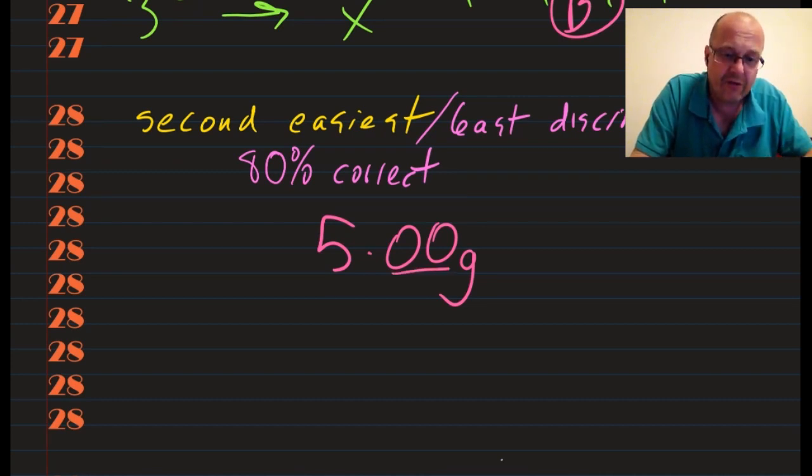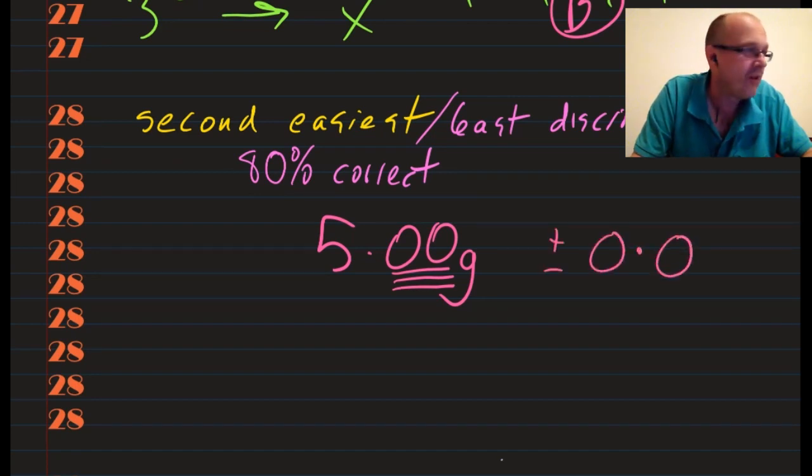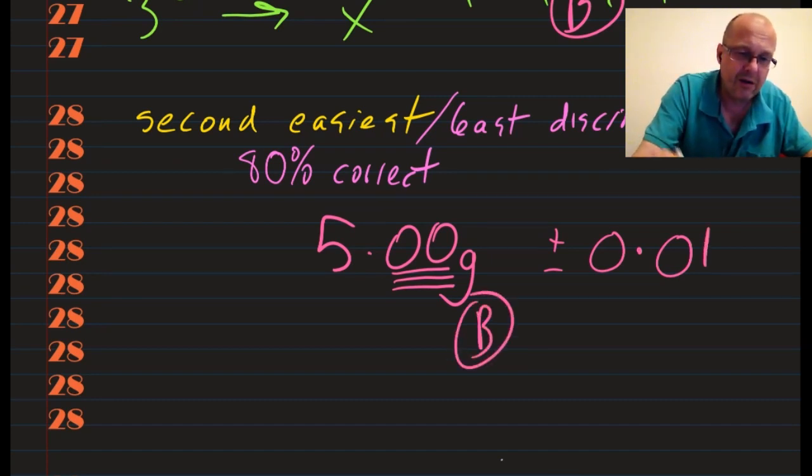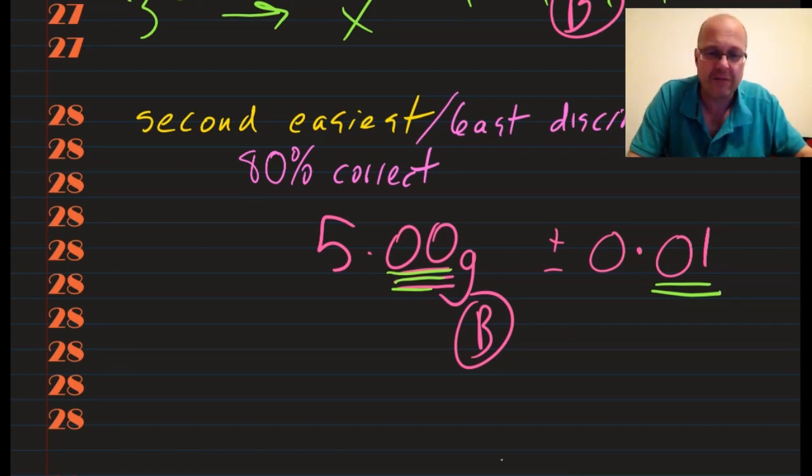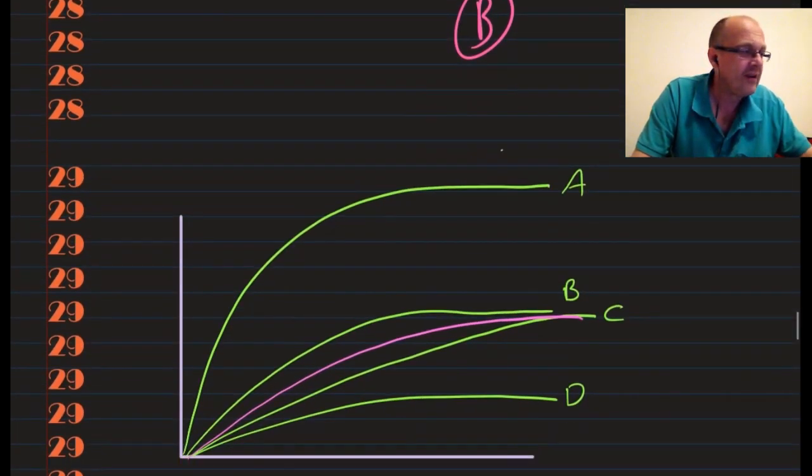So you have to make sure if your data has 2 decimal places, then your uncertainty has 2 decimal places. So what's the only answer with 2 decimal places? It's B. You have to match the decimal places in your uncertainty to the decimal places in your data. That's one of the main reasons I don't give kids 7s. They make that mistake a couple of times on their lab reports. 29.